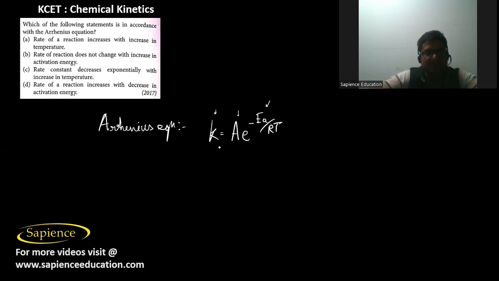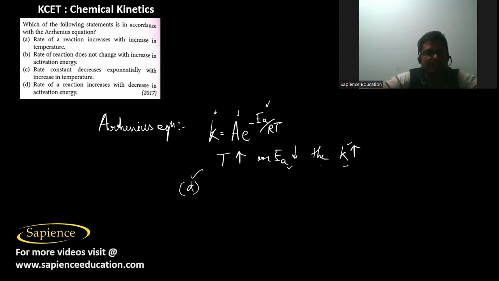Here, as the temperature increases or the activation energy decreases, the rate constant K increases. So the rate of the reaction increases with the decrease in activation energy. So option D is true.